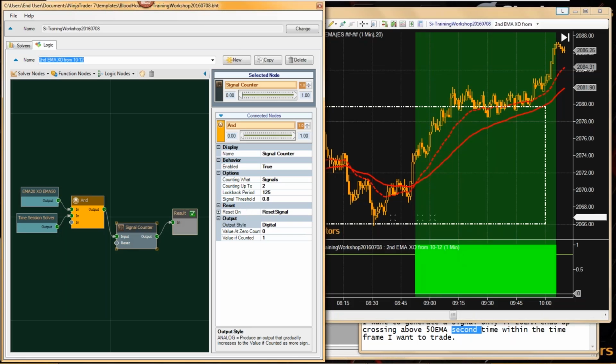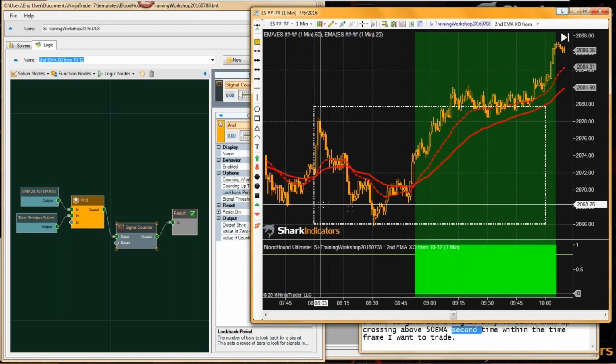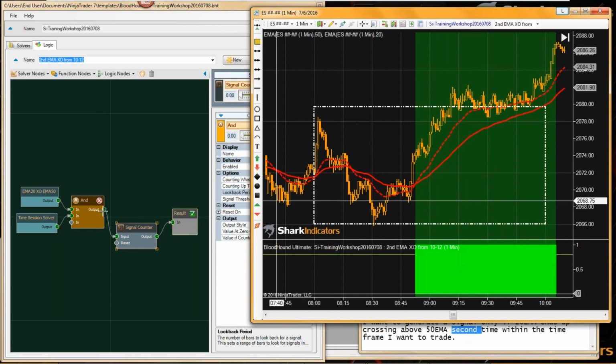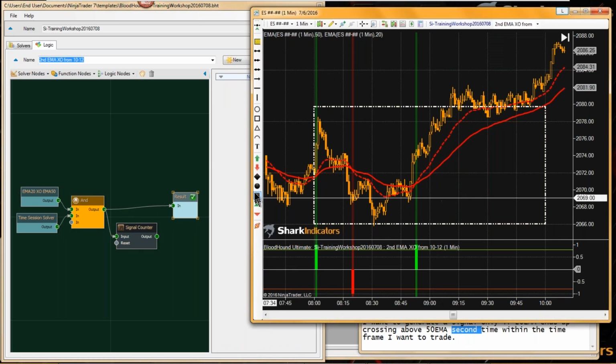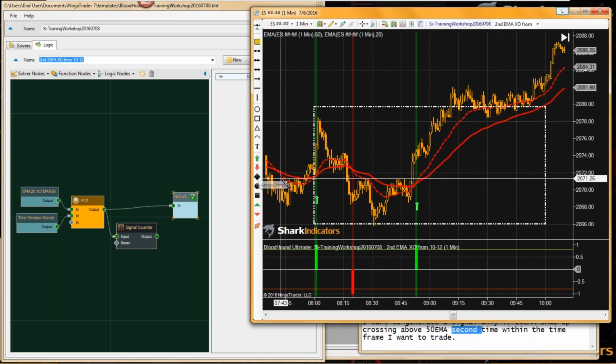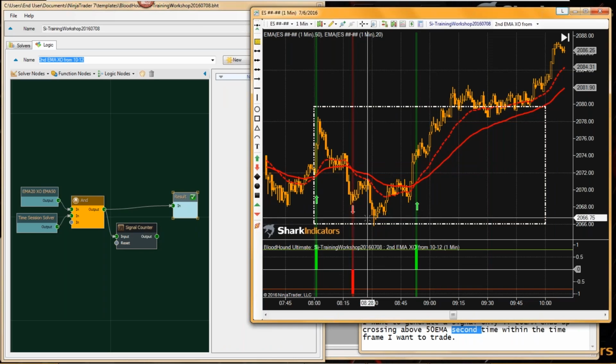So the signal counter found 2 long signals within this 120 bar look back period. Okay. So let's take a look again at the original signals here. So let's mark them. There's a long signal, and there's a long signal. And I'll mark the short signal.